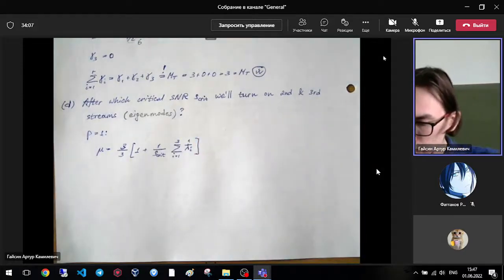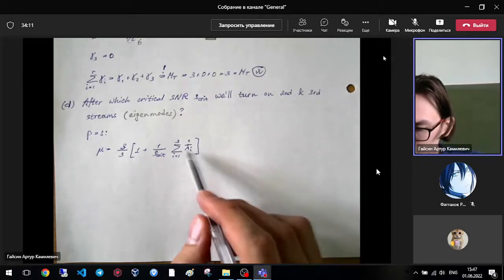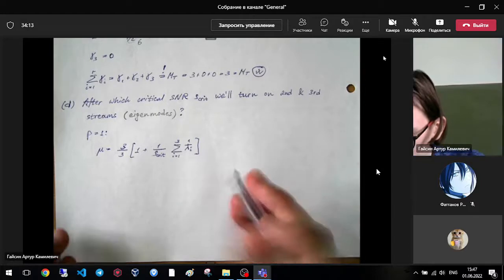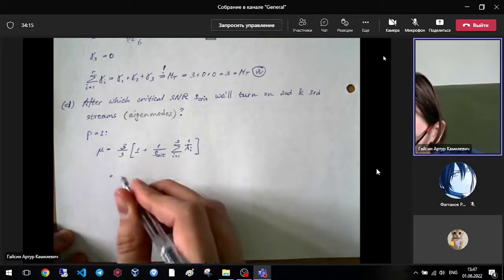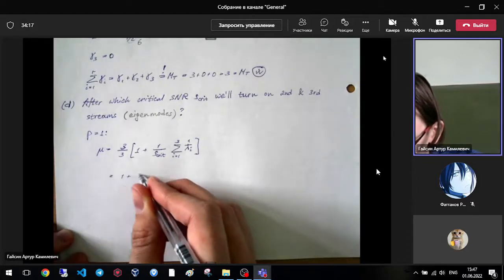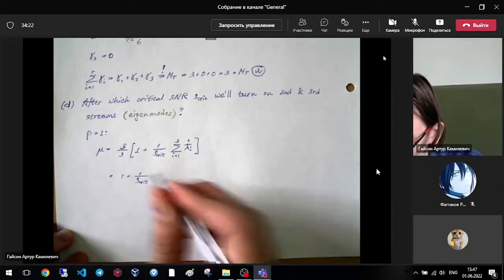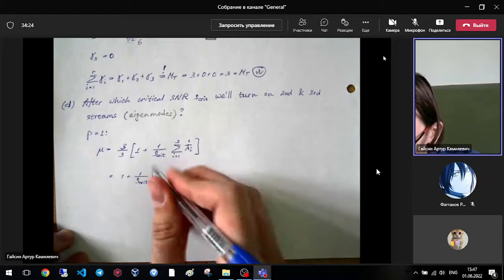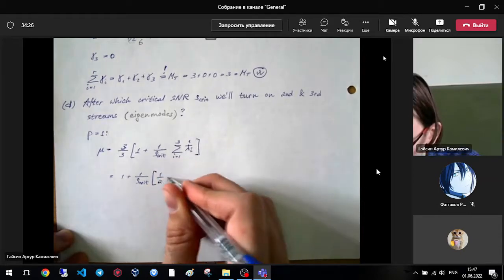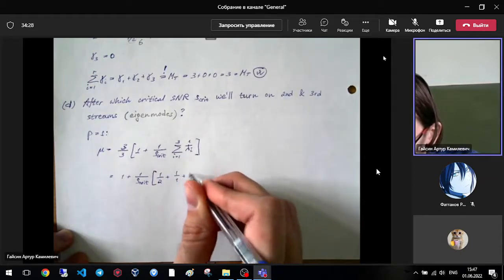So let's see next. Maybe we can calculate this overall sum here. So it is equal to 1 plus 1 over rho crit, and here the sum of 1 divided by 2 plus 1 divided by 1 plus 1 divided by 1.